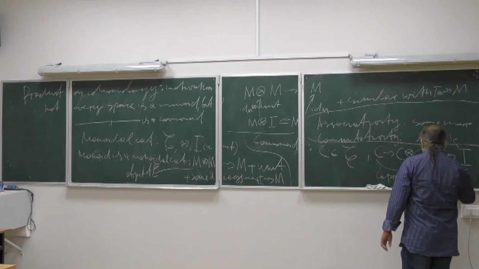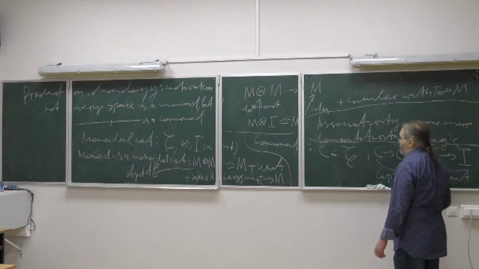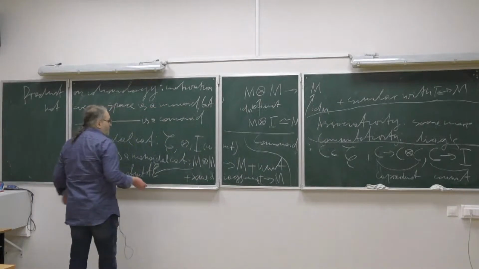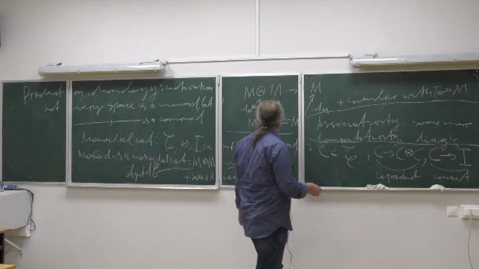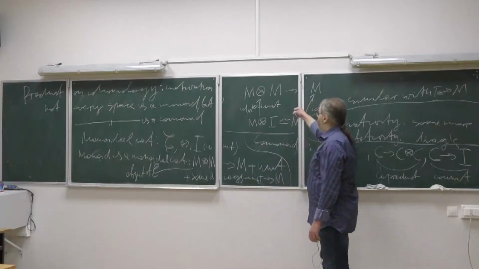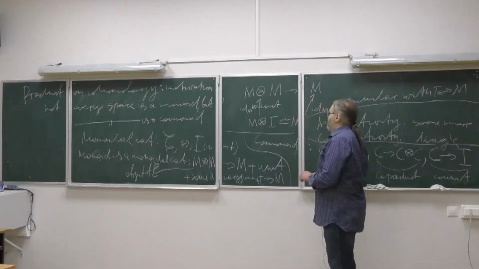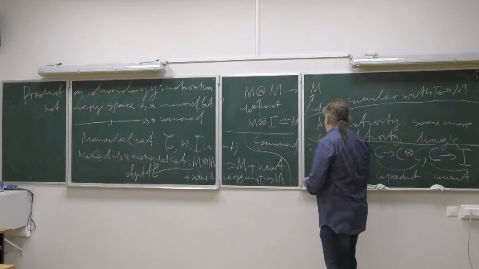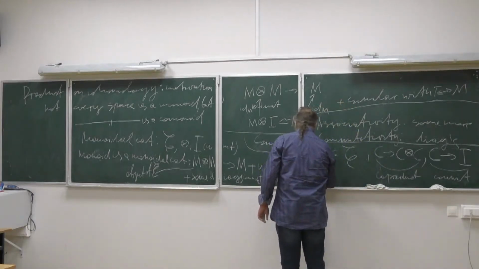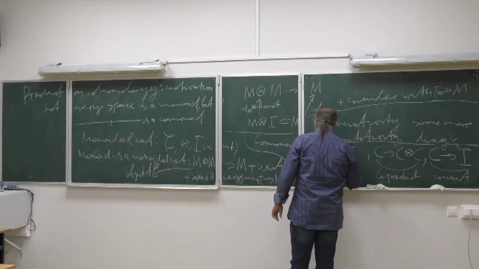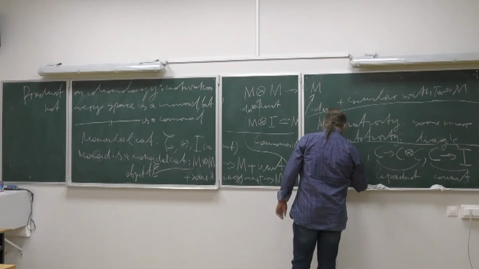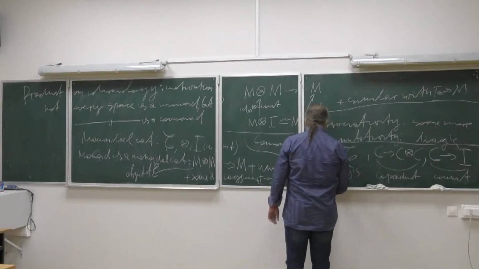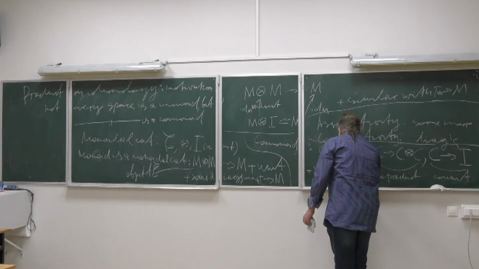And this is the co-unit. And then I require that the same diagram with all arrows reversed should commute.